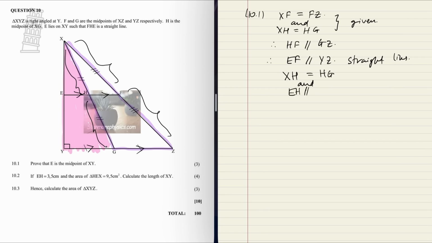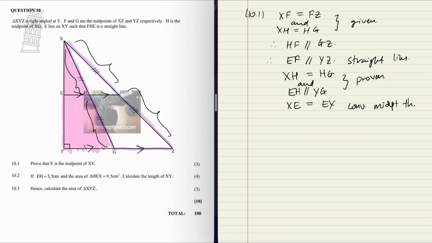EH is parallel to YG, and we've said this before, this is proven, we can then conclude that XE is going to equal EY, and that's going to be converse midpoint theorem, right?